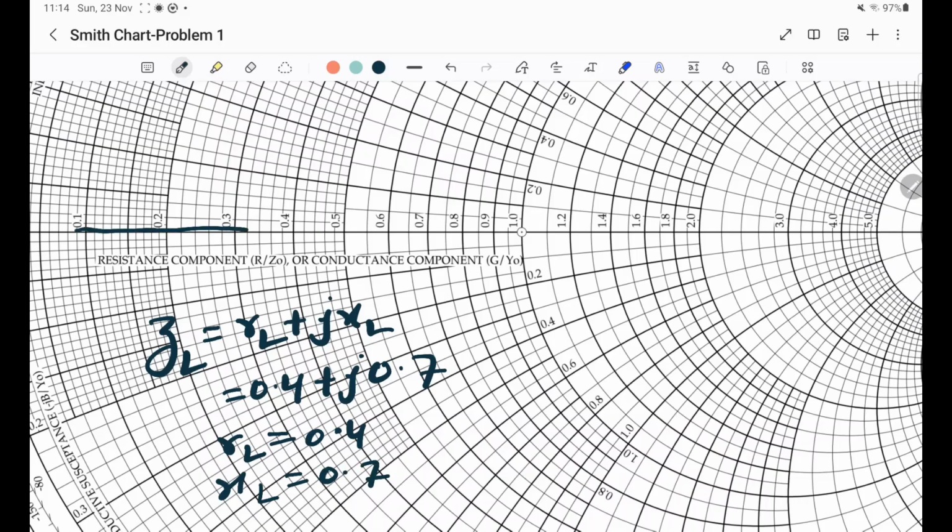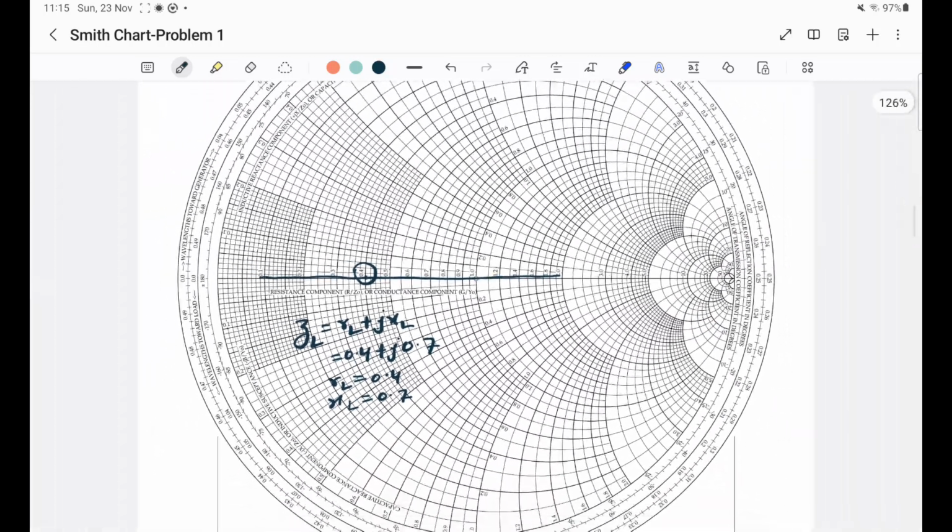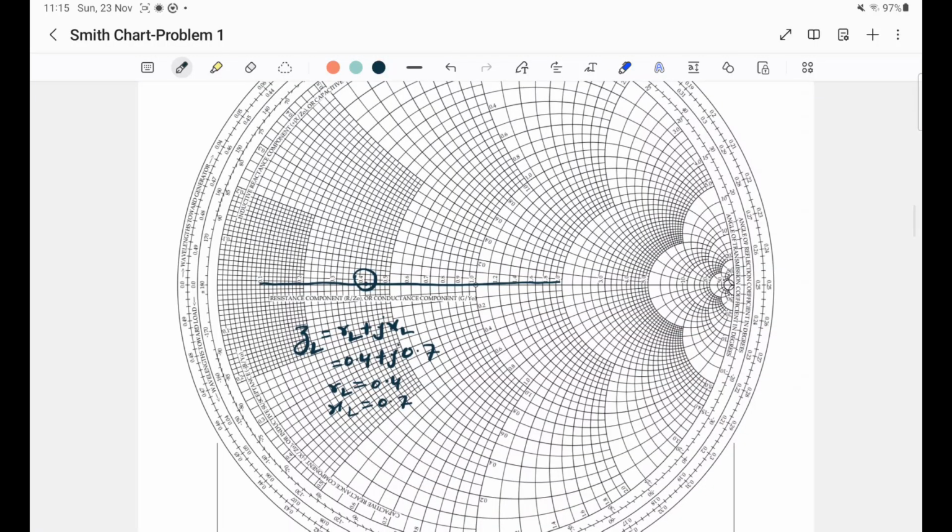So in this axis, this point is the value of rL, and the constant resistance circle, whose value is 0.4 throughout, will be the circle which passes through the 0.4 value on the real axis. So this circle is rL equals 0.4.